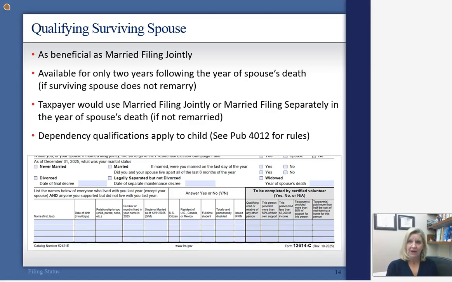If they still don't remarry in 2026 and 2027, they can file as qualifying surviving spouse if they have a dependent. So there are requirements that they have dependency qualifications for qualifying surviving spouse. Make sure that you are looking at the rules for that under the 4012. It is another situation where it's very important that you are looking at the intake form to see if they have listed any dependents.